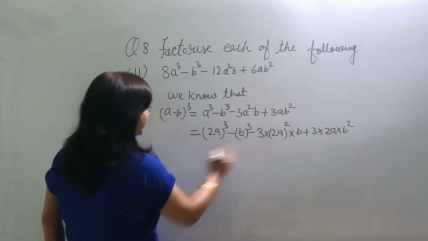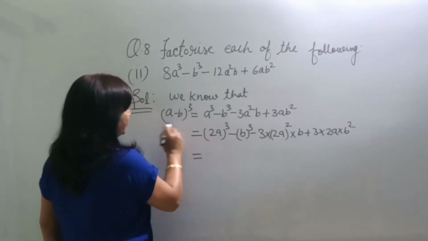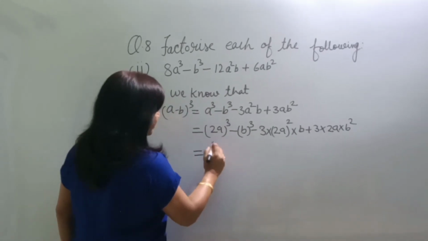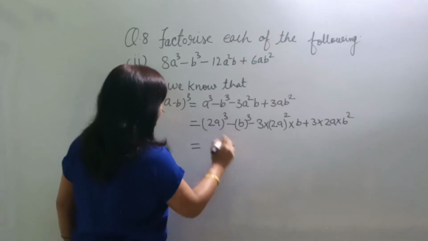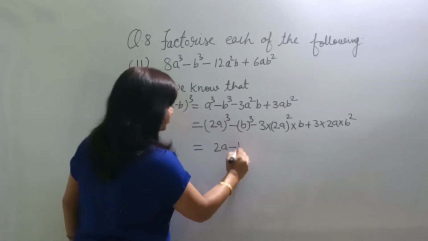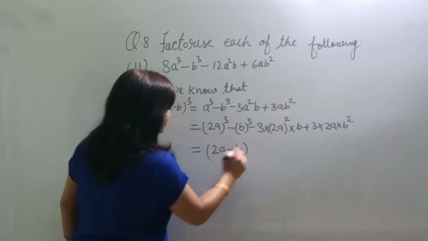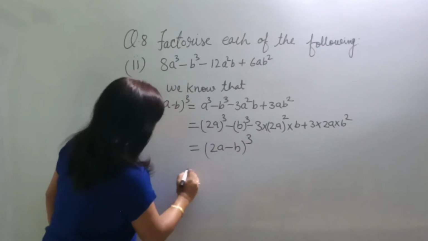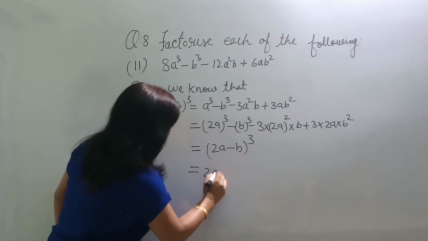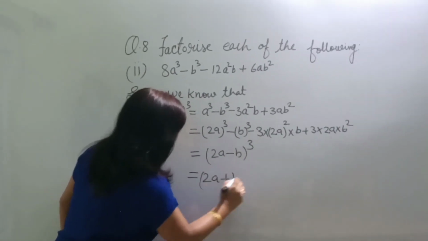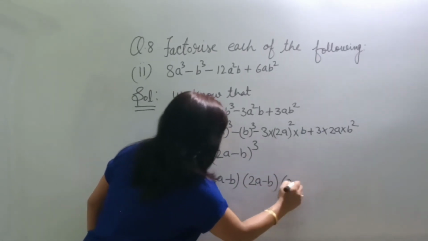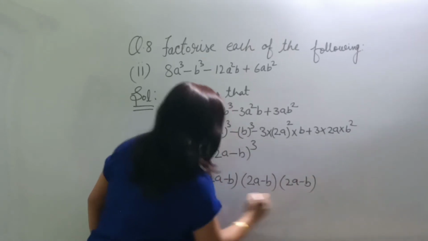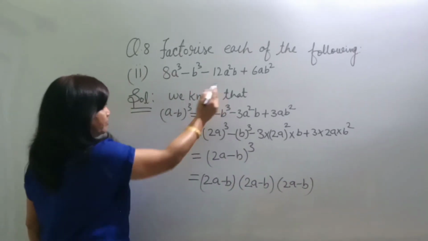So here we can write in the form of (a minus b) whole cube. So in place of a we can write 2a minus b whole cube. Now we will do the factors. (2a minus b) into (2a minus b) into (2a minus b). These are the factors of this part.